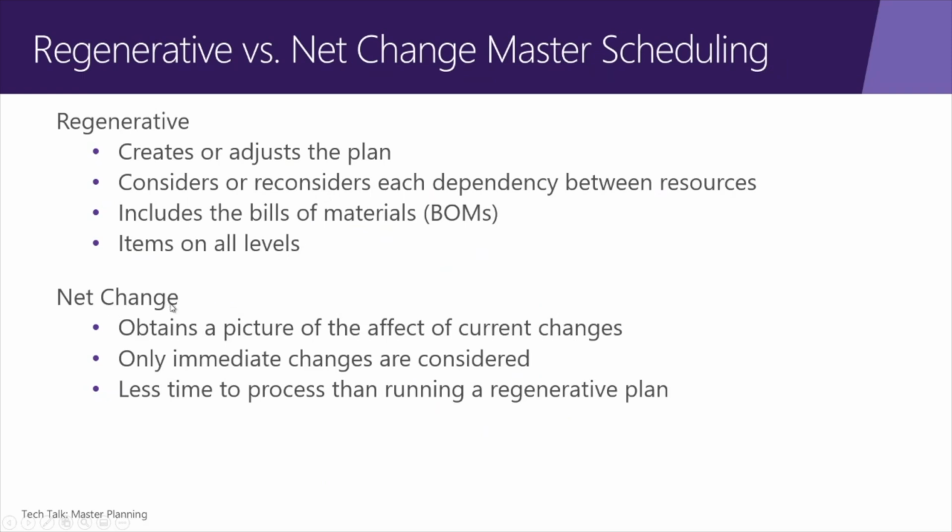In a net change mode, it's only looking at what changes have occurred in the system since the last regenerative run, and then adjusts the existing plan and makes the net changes on top of that.